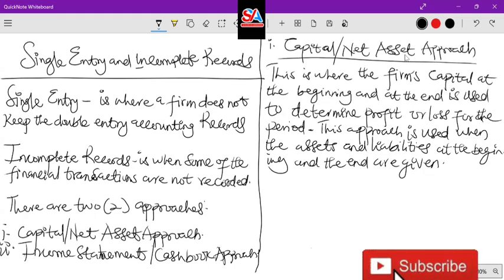So when do you use this approach? In the question, they will give you assets and liabilities. Then you know that, okay, I'm going to use the capital or the net asset approach, right?